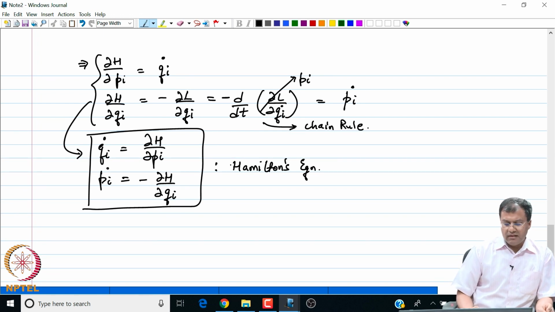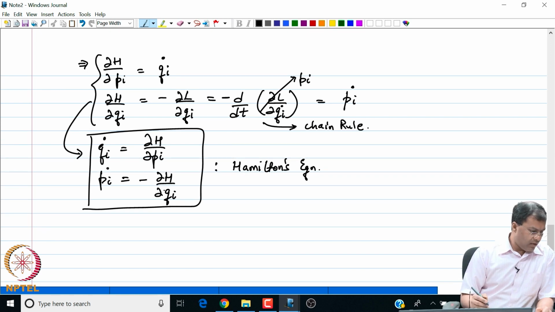So the idea is to derive Hamilton's equation: we start with our Euler-Lagrange condition, from there I transform those equations into the conjugate variables, and from there I derive the necessary equations, which are these two sets of equations. Notice now we have two sets of decoupled equations for each i, rather than having one coupled equation in the Euler-Lagrange condition.